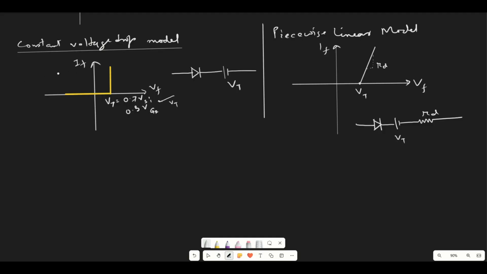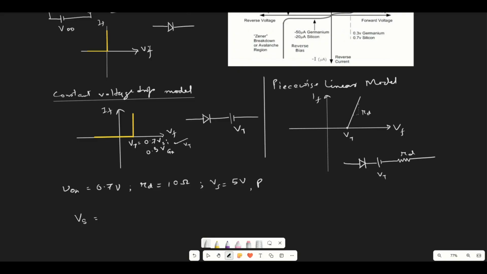for diode models. So now here what we have is the voltage V on, or the diode voltage, is 0.7 volt, and the resistance is given as, suppose, 10 ohm, and the input voltage Vs is, suppose, 5 volt. Along with that, we have the resistance given as 1 kilo.